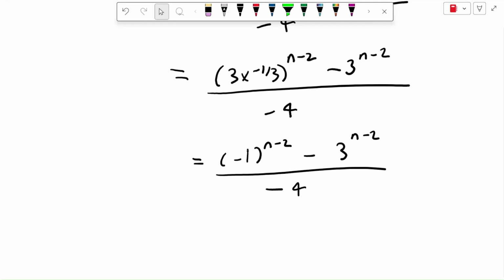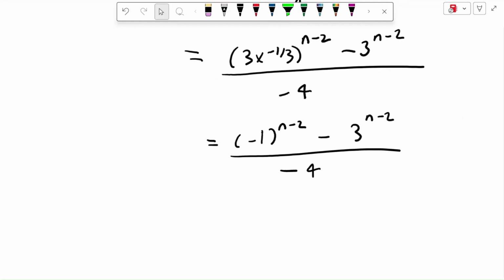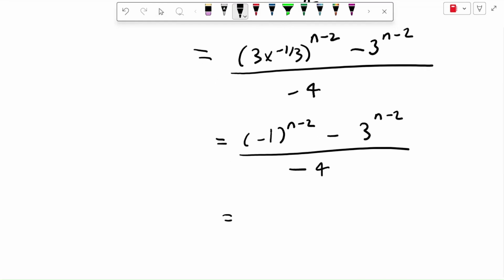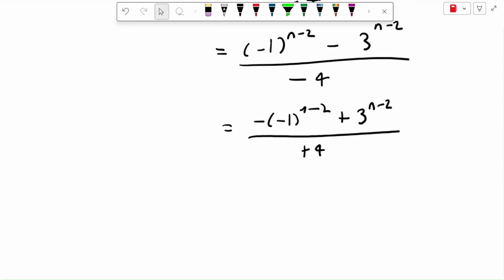And then what we can do is get rid of this negative on the negative 4. So with this minus 4, change that to a plus 4 down the bottom. But then we have to flip the top as well. So that's minus 1 to the n take 2, plus 3 to the n take 2. And if you want, you can actually flip the 3 to the n take 2 first.